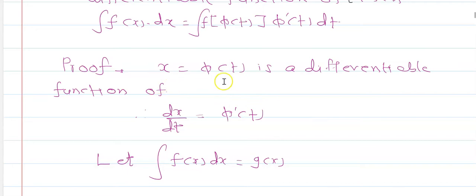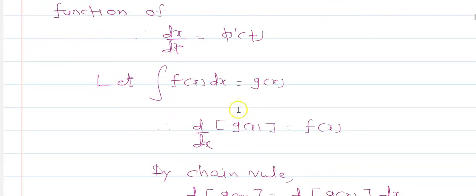Here x is equal to phi of t, a differentiable function of t. Therefore dx upon dt is equal to phi dash of t. And again we define that the integral of f of x into dx is equal to g of x. This means the integral of f of x is g of x, and the derivative of g of x is f of x.